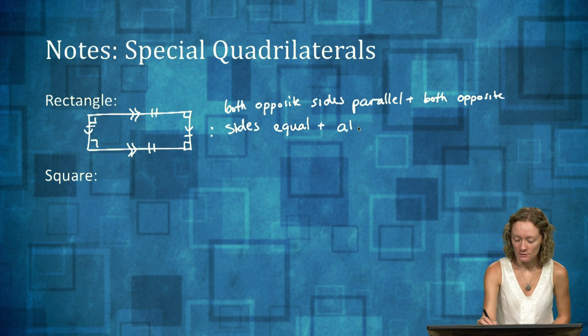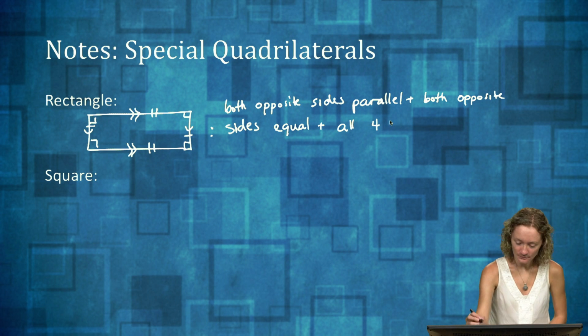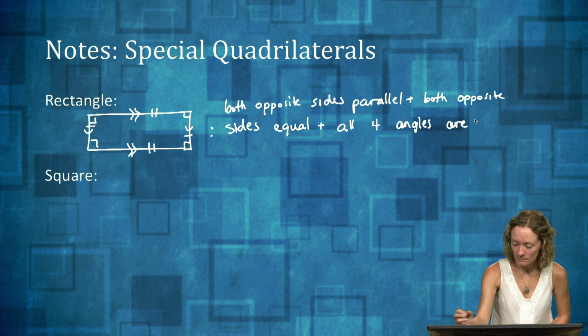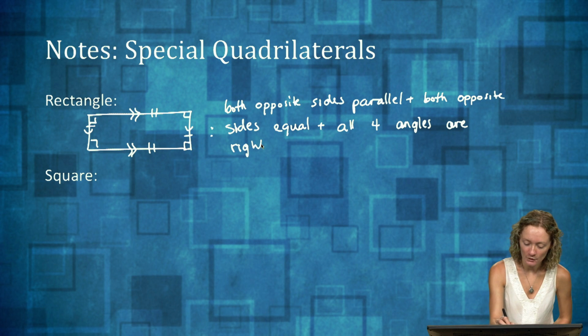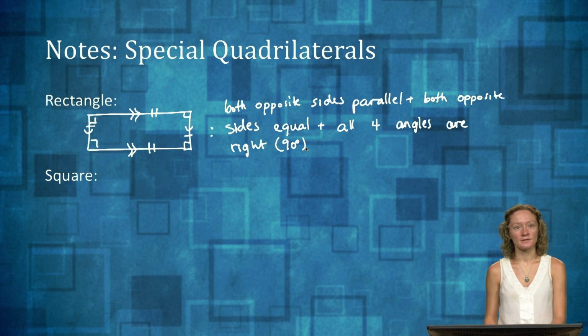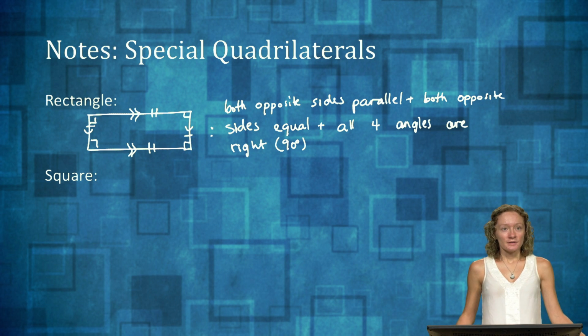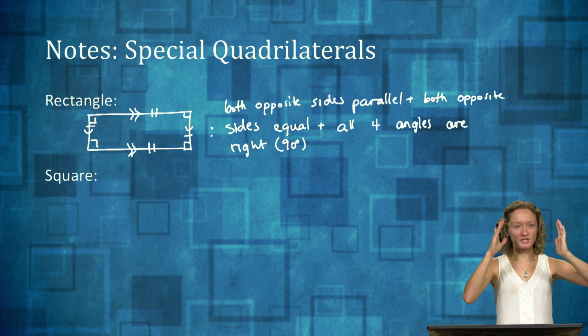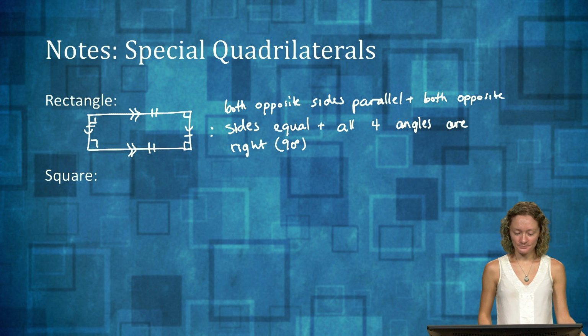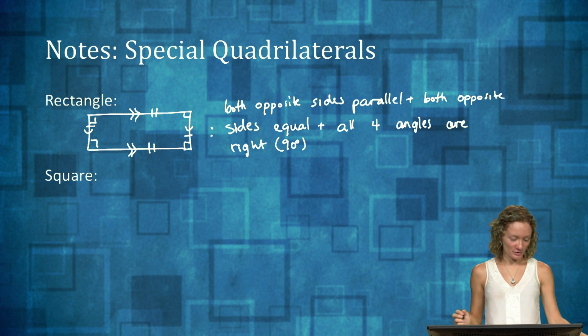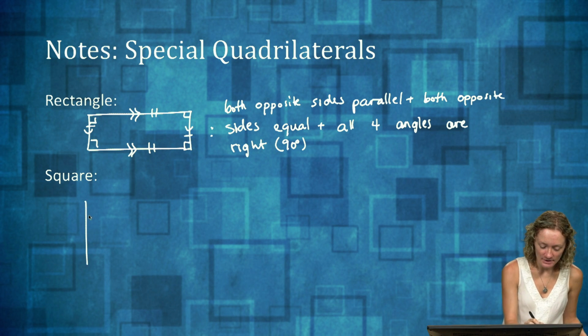And all 4 angles right. They're right angles. Remember that means they're 90-degree angles. So it's a parallelogram that's been shifted and stood back up straight. And then the last of the special quadrilaterals we look at is a square.